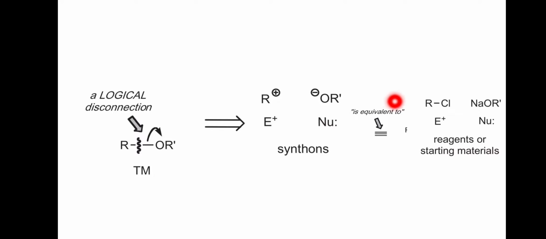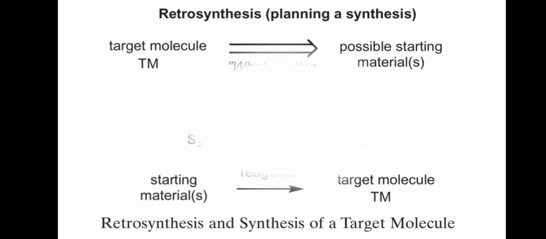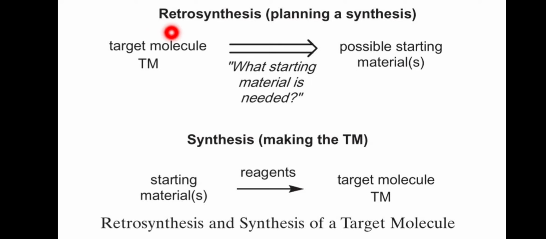Okay, so this is a retrosynthetic analysis, and this is a basic simple idea. First you go for the retrosynthesis, that is you plan the synthesis: you take the final molecule, you do a logical disconnection, then you think of what starting material is required, that is called a synthetic equivalent, and then you do the forward synthesis.